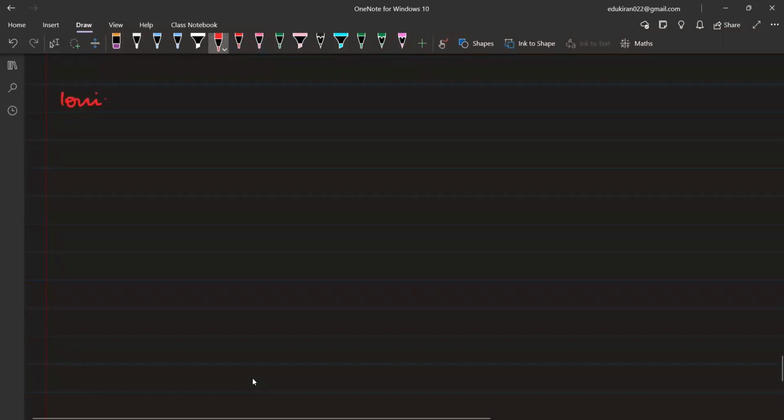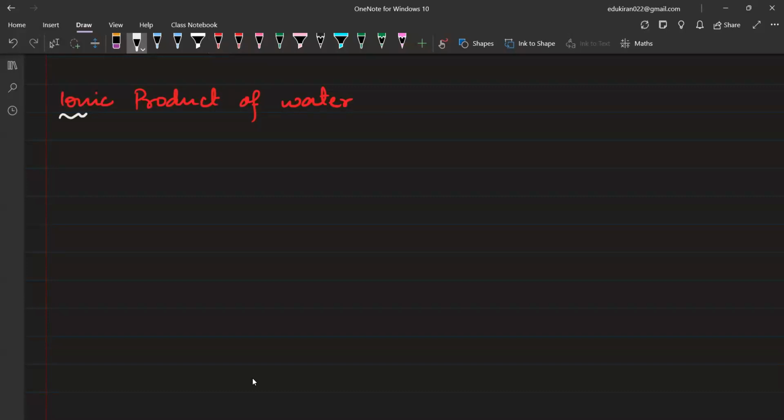Just write ionic product of water. So this ionic product of water actually tells about the amount of H plus and OH negative that is present in water.